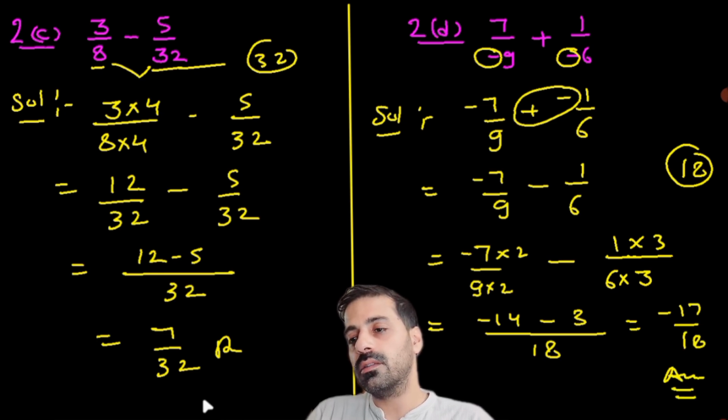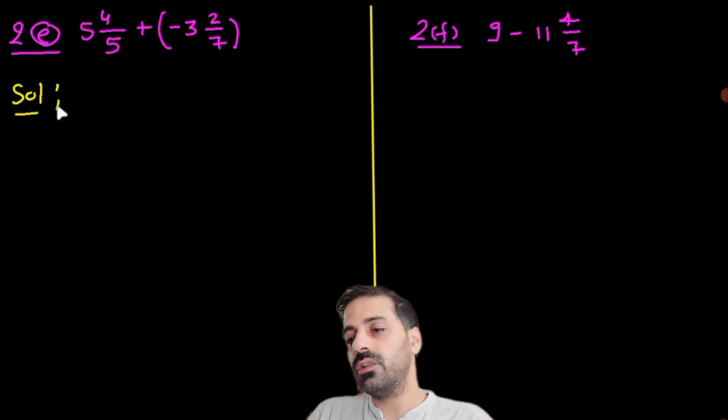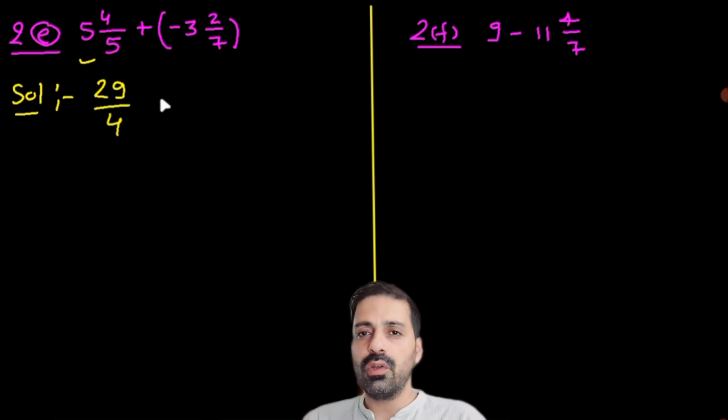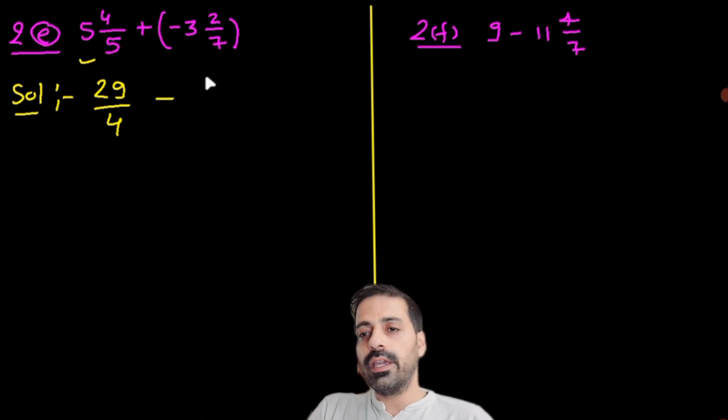This is the solution of question number 2 of exercise 1D of class 8 Eschan book. Now again we have the E part of question number 2. Now open the mixed fraction. 5 5s are 25 and 4 is 29, negative sign and positive sign. WWE fight. Who is going to win this? Negative sign is going to win this. 7 3s are 21 and 2 is 23 upon 7.